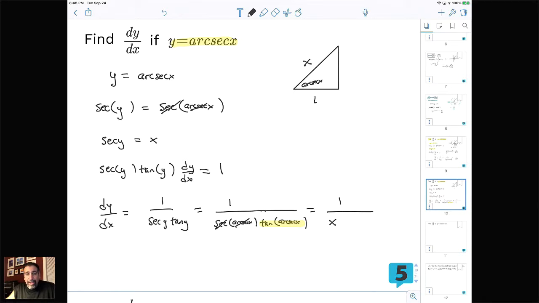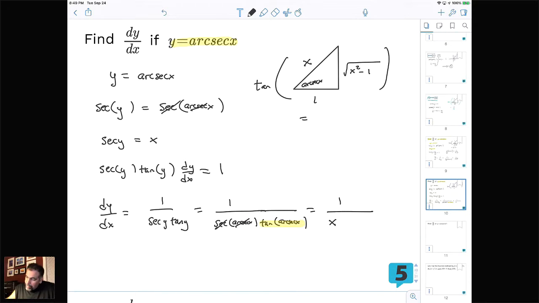From here, we've got to find the opposite side using the Pythagorean theorem, but that's going to be the hypotenuse squared minus the leg squared under the square root, so we get the square root of x squared minus 1. So now that we know what our angle looks like, arcsecant is very tangible now, our students can understand this. Our job is to take the tangent of this guy, the tangent of the arcsecant.